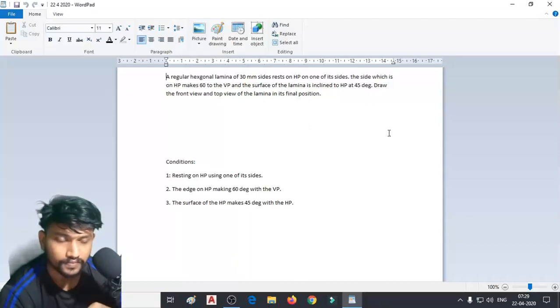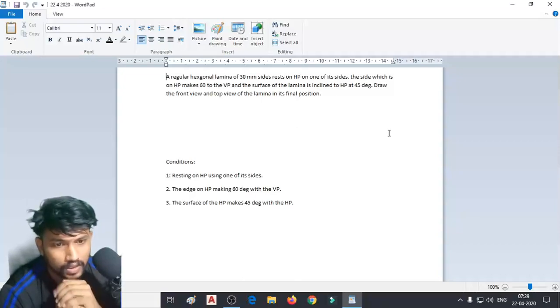So we started with points, then lines, and then planes. After that we go to the solids. Unless you understand these three concepts in full depth, it is somewhat difficult to understand the solids concept. So if you have any doubts, post them in the Google Classroom. I'm happy to answer all of those questions, or if you want me to repeat any topic, I'm going to repeat that particular concept.